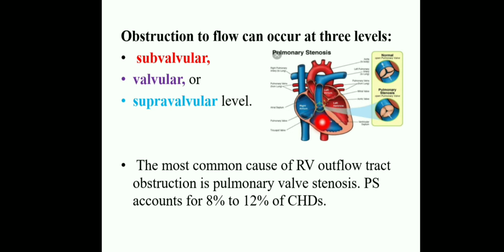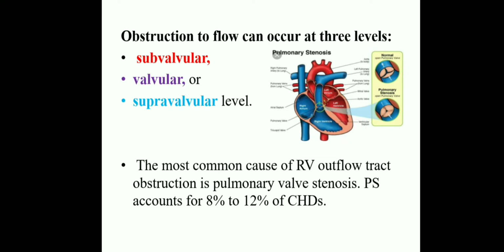Subvalvular means below the valve, where the narrowing or obstruction is there. Valvular means at the level of the valve, where it opens and closes; there the narrowing is in the valvular area. And supravalvular means above that part, where the narrowing or stenosis is in the pulmonary artery. These are the three levels of obstruction to blood flow.